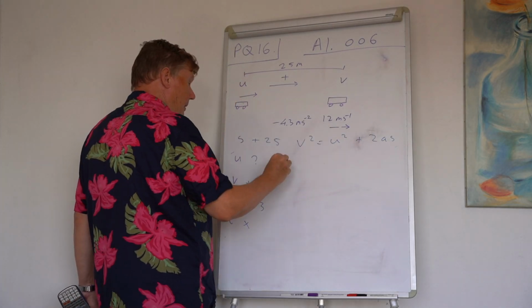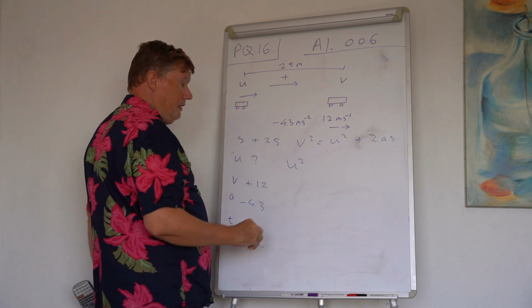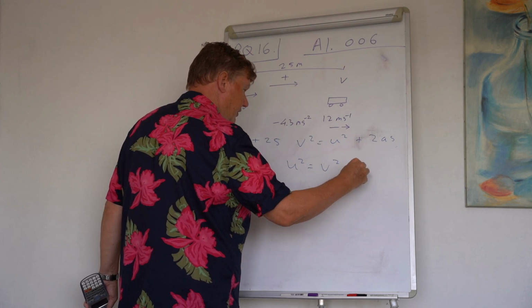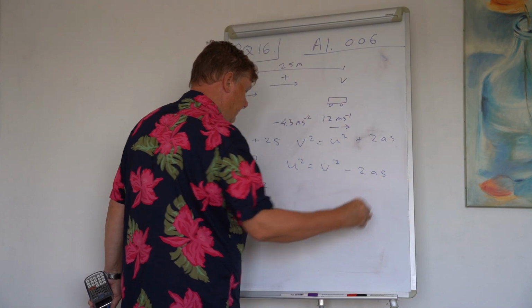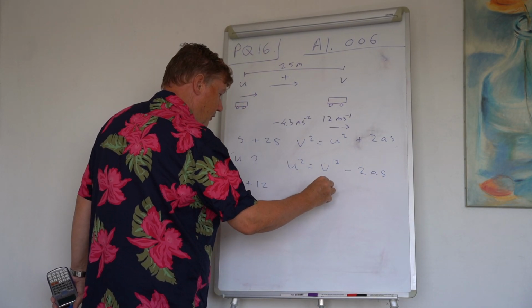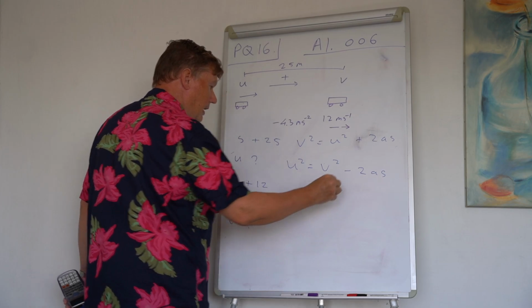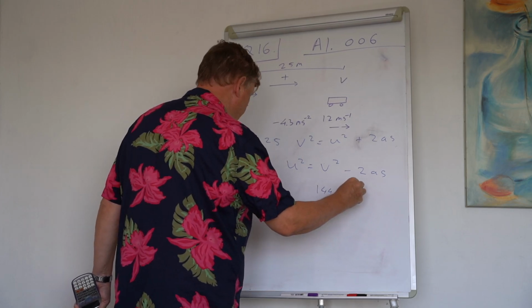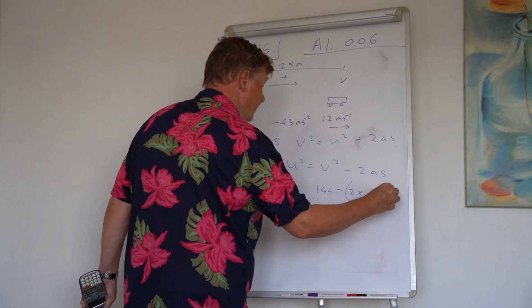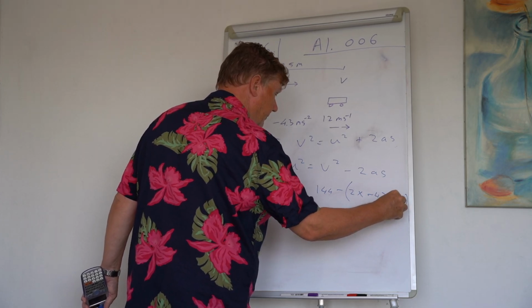Let's start by making U squared the subject. So U squared equals V squared minus 2AS. V squared, V is 12, so that's easy. That's 144. Take away brackets 2 times minus 4.3 times 25.